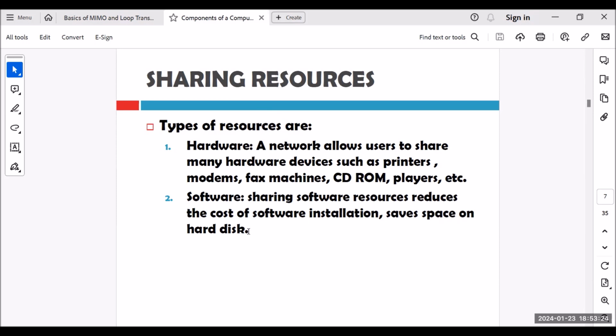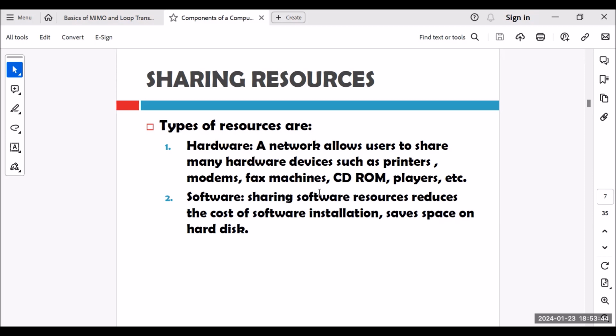For example, I intend to use some kind of software that is not installed on my system. So I just log into my system and get access to the system that has the software installed. And via the networking, I can make use of that software.